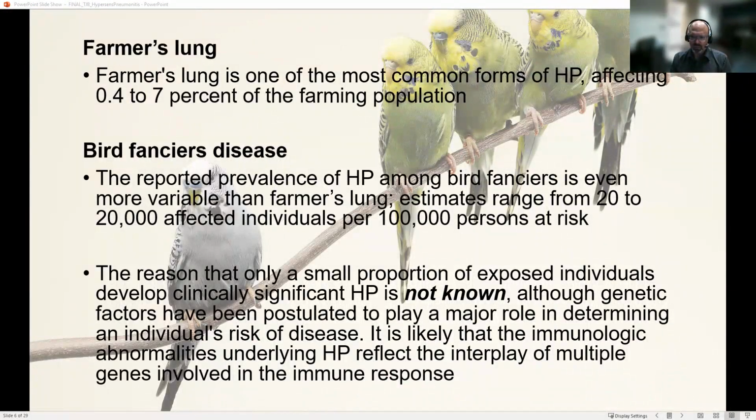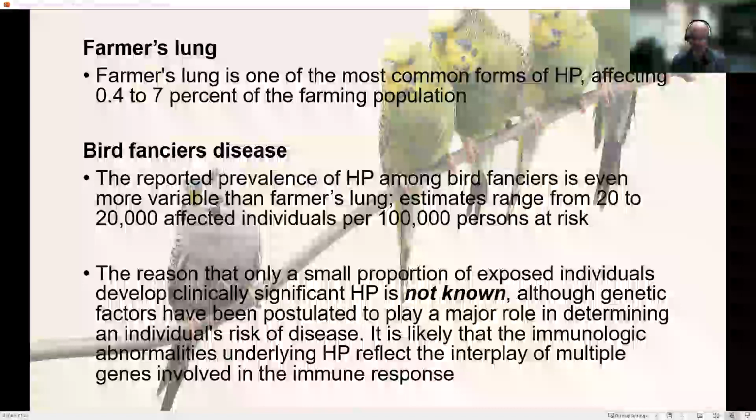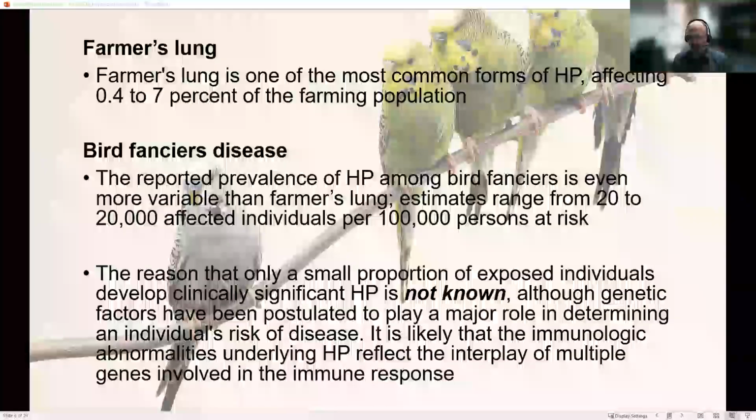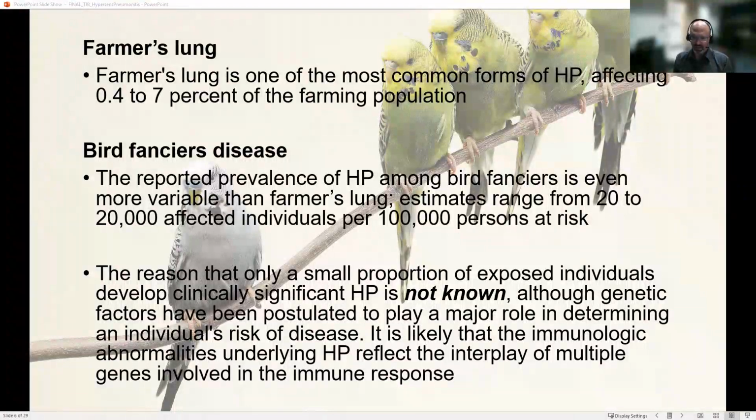The reason only a small portion of exposed individuals develop clinically significant HP is not known, although genetic factors are postulated to play a major role in determining an individual's risk. Likely, the immune abnormalities underlying HP reflect the interplay of multiple genes involved in the immune response. It's challenging because there's no specific dose-response curve.